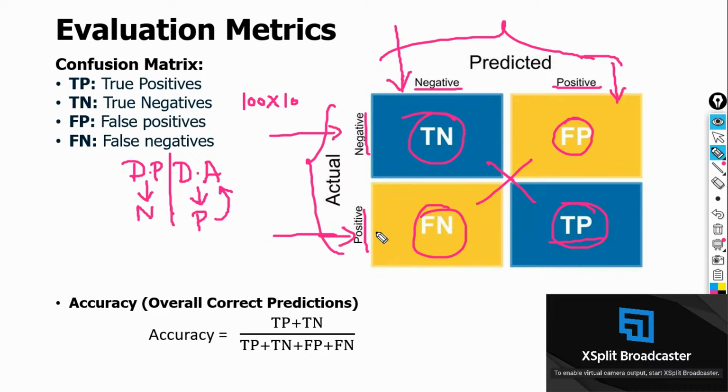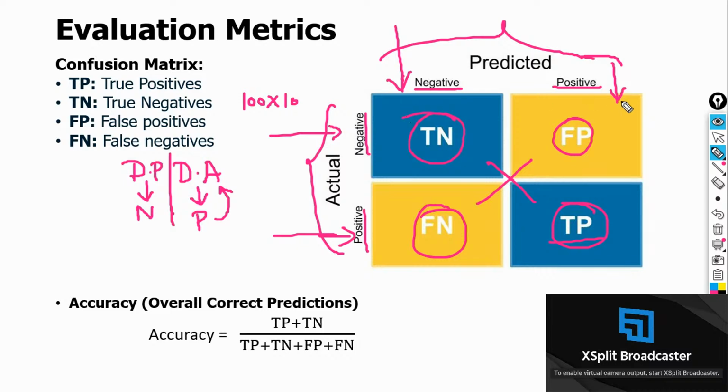My patient does not have the disease, the disease is absent, and my model says yes, this person has the disease. And in the other case, my patient has the disease, but my model says no disease. So in these cases, the model goes wrong.